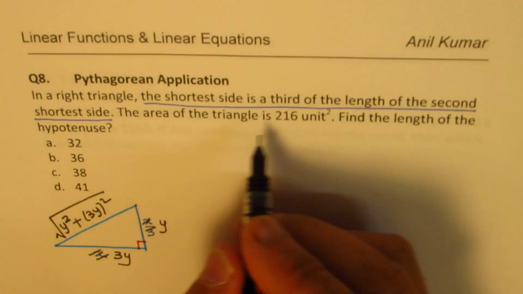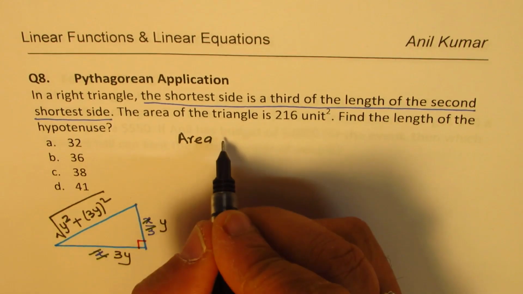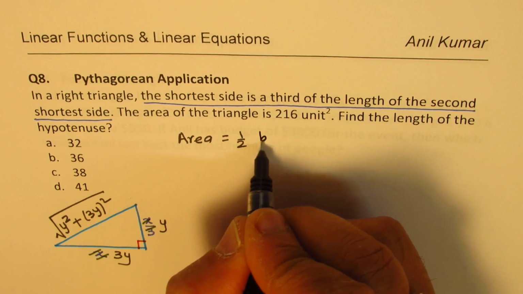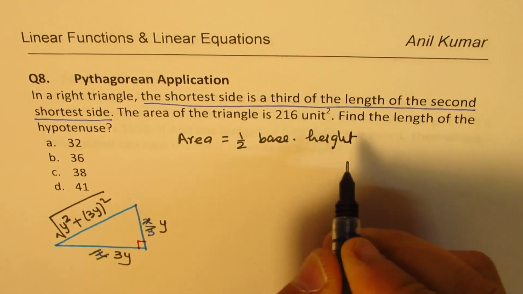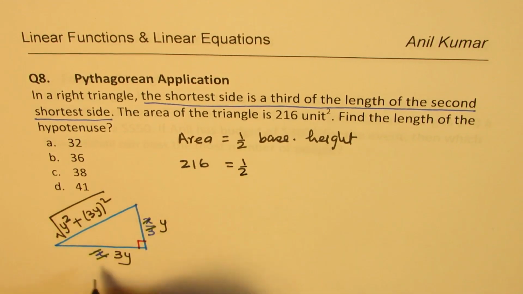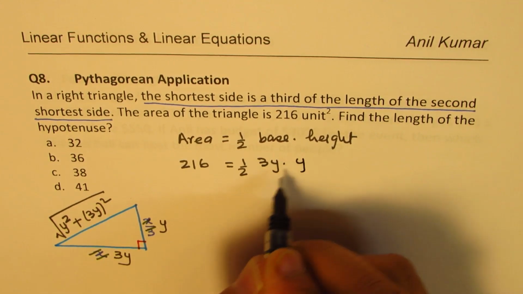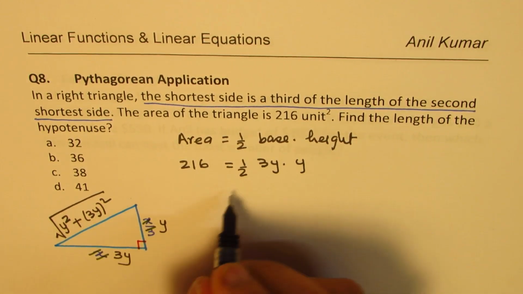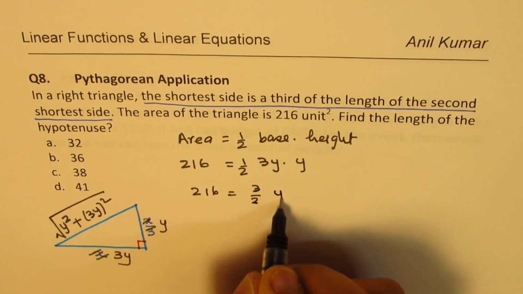So now let's answer the question. So we need to find the side length. We know area is half of base times height, which in our case will be 216 equals half of base is 3y and height is y, correct? So that gives you that 216 is 3 over 2 of y square.